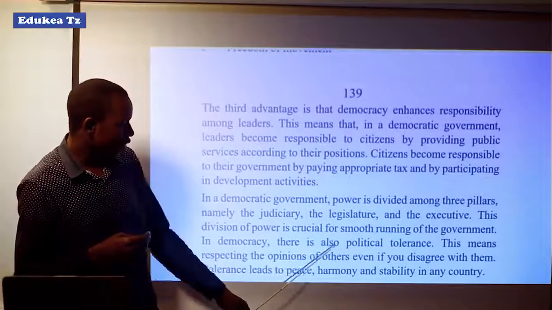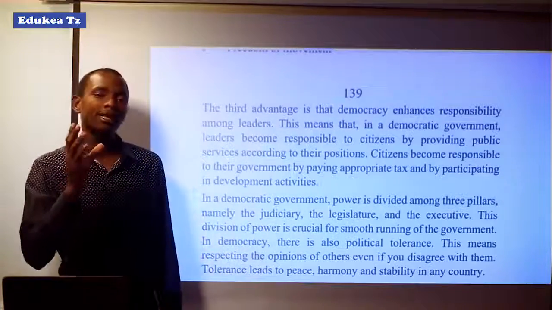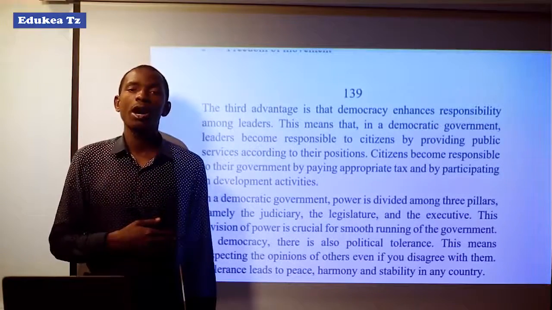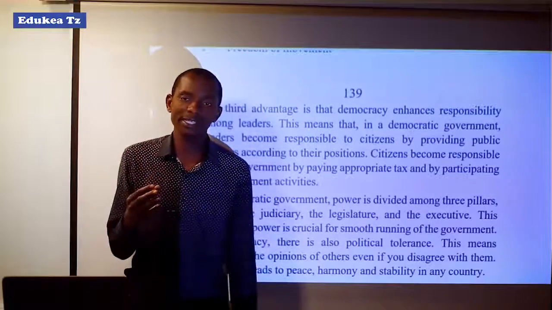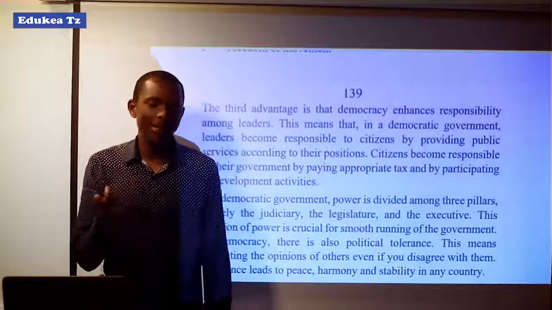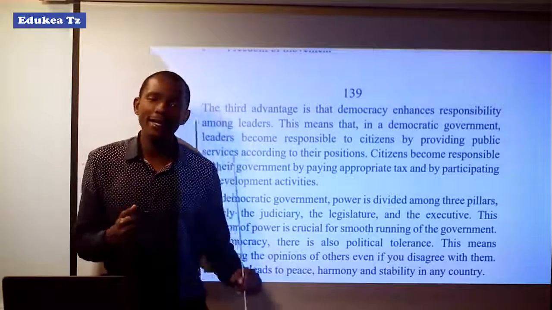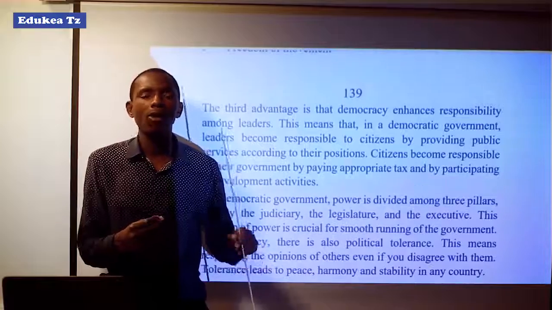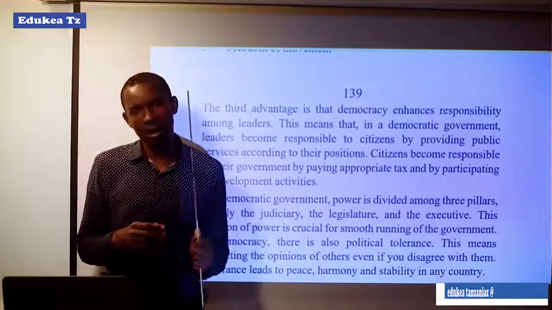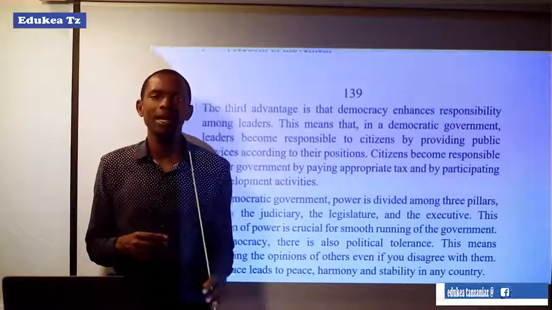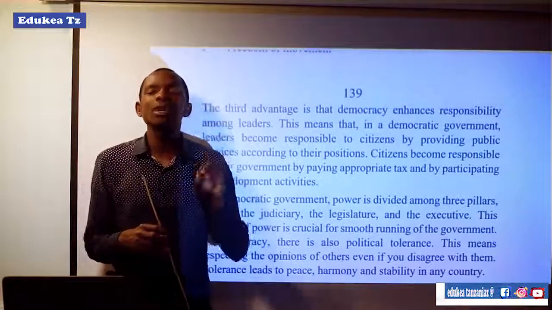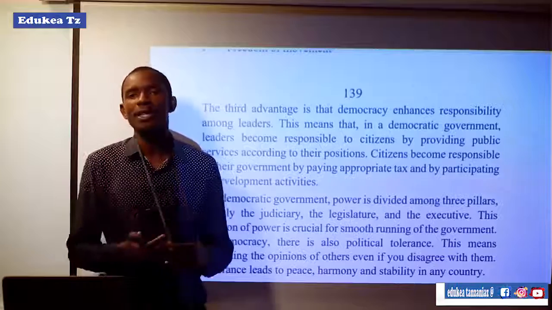In democratic government, there is also political tolerance. Democratic government makes sure that there is political tolerance. Political tolerance simply means that if you have engaged in political matters like an election, and you failed to get the popular vote, and someone else becomes the leader or winner of that election, then all losers should make sure they accept the result.